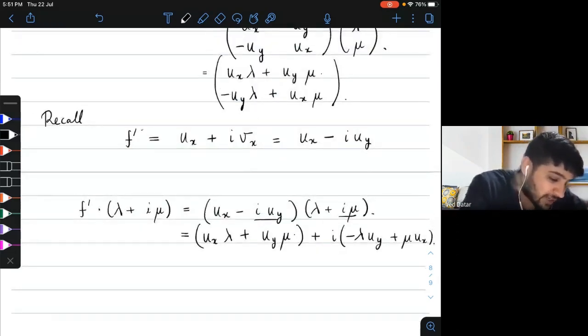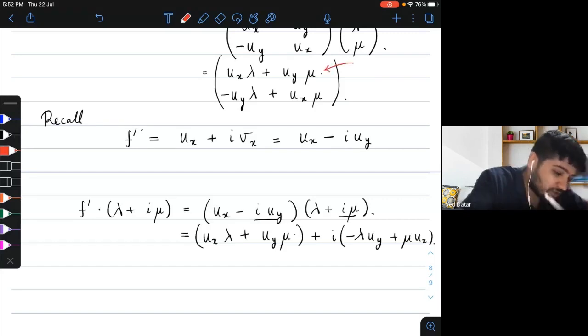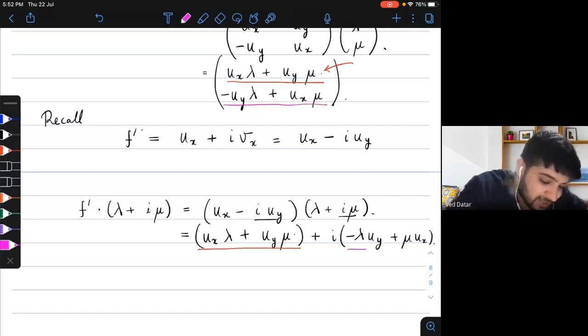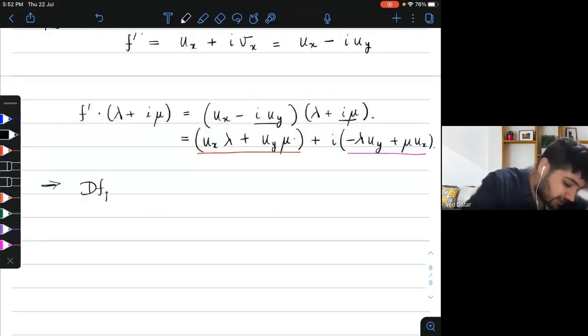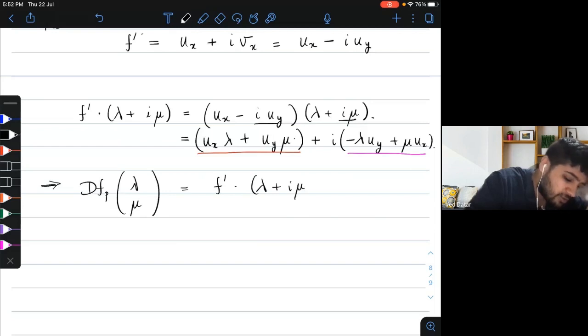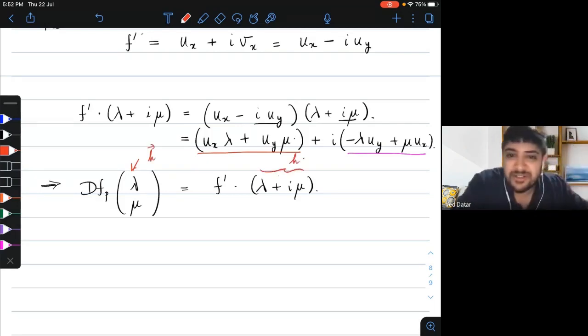Okay, but those are exactly the components here. So if you look at the first component, that's precisely this. And if you look at the second component, that's precisely this. Okay. So what that tells you is that this acting on (lambda, mu) is precisely f prime times lambda plus i mu. Okay. So I think of this as my vector h, and this as my complex number h.